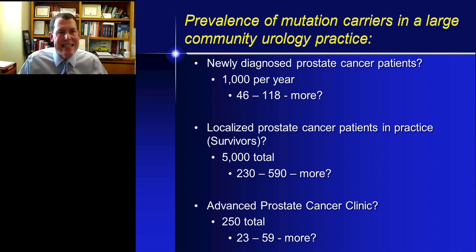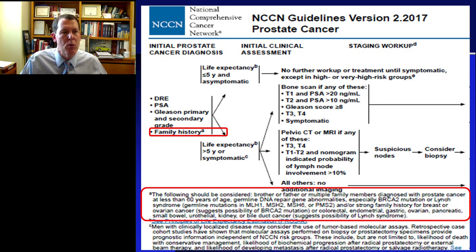Now, the NCCN guidelines circa 2017 address this a little bit. They basically say that for prostate cancer, we should take a good family history. And in this box, it talks about trying to identify patients who may have a brother or father or multiple family members diagnosed with prostate cancer at less than 60 years of age.